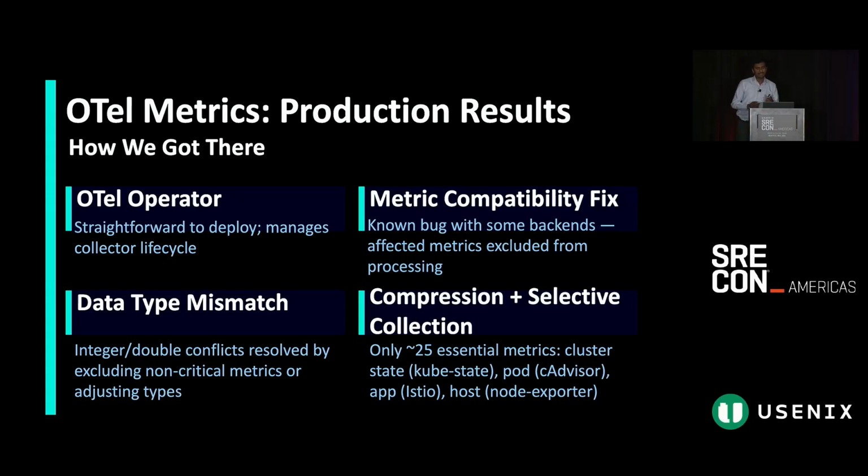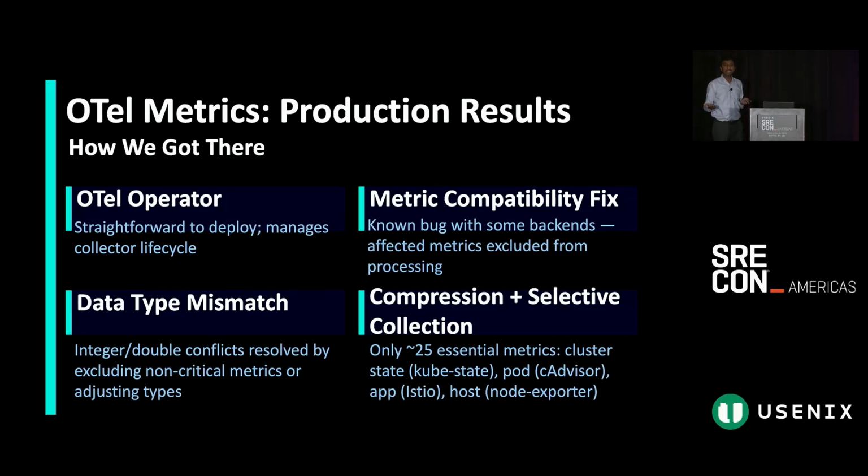In addition to that, we are capturing all the core metrics from the kube state perspective, then the container perspective, and the application. Istio is our service mesh layer, and we are capturing metrics from the Istio layer. Then we are using node exporter to capture the VM level metrics: how the virtual machine where the K3s Kubernetes is running, and the underlying host, CPU, memory, storage, and network are performing.